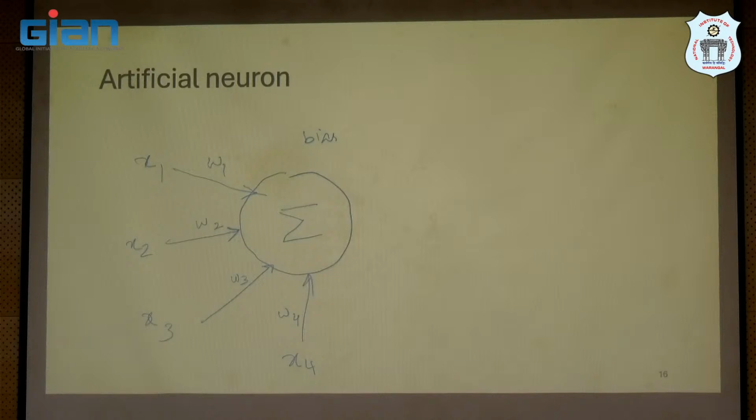So after this, we need what we call a non-linear activation function. The non-linearity of the neurocell is captured mathematically using, say, a step function or any non-linear function that you can think of.